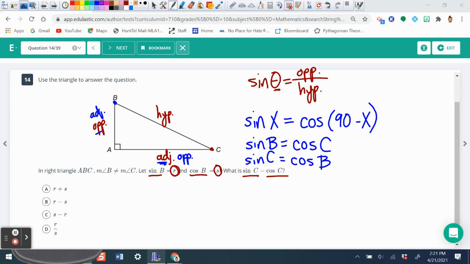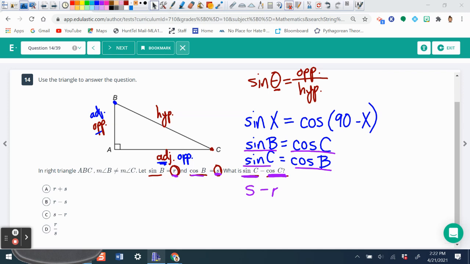So if they tell us that the sine of B is R and sine of B is also equal to cosine of C, then in this problem, I can replace cosine of C with R. Likewise, if the sine of C is equal to cosine of B and they tell us that the cosine of B is S, then I can replace sine of C with S. So simply put, it's just an understanding that sine and cosine of complementary angles are equal.